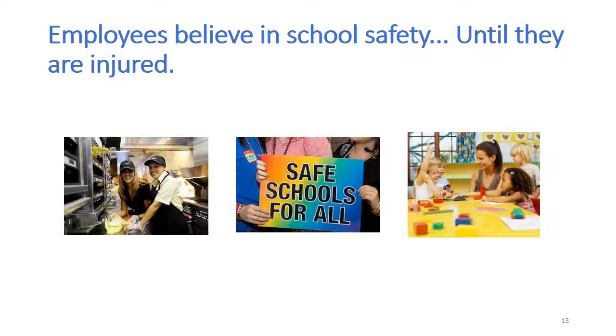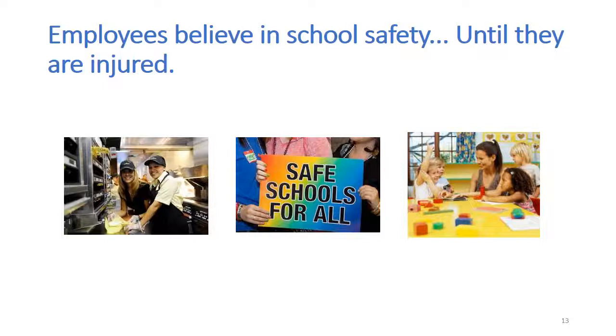Your frontline school employees are the ones who create those safe and stable relationships for students to have the best learning environment. From management messages and training, employees believe they are part of the safe environment until they are injured and immediately become outcasts due to their injuries.